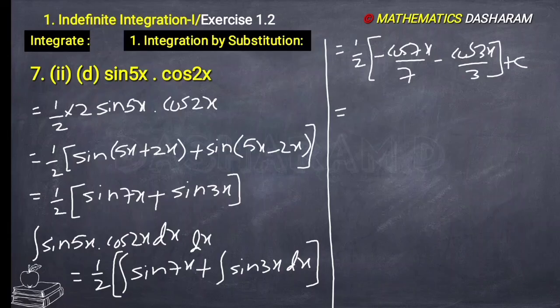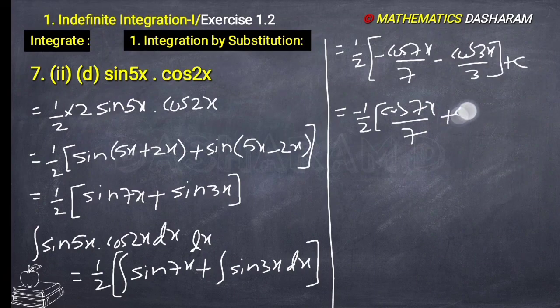So take the minus common: −1/2 [cos 7x by 7 plus cos 3x by 3] plus c is our required answer.